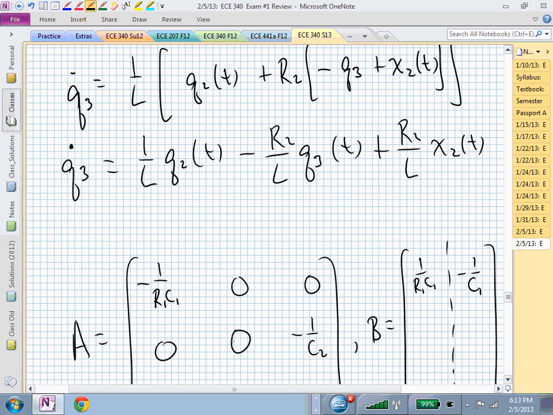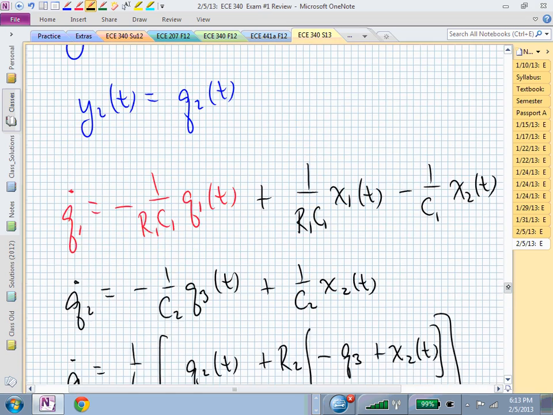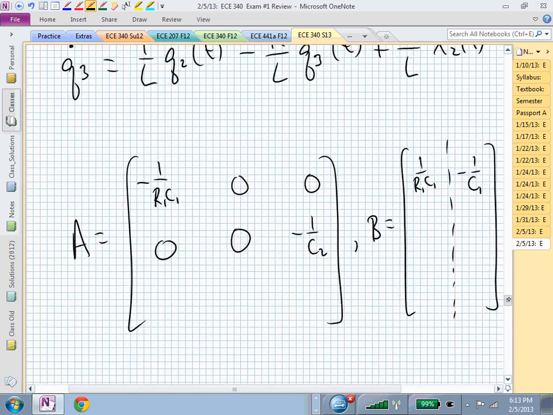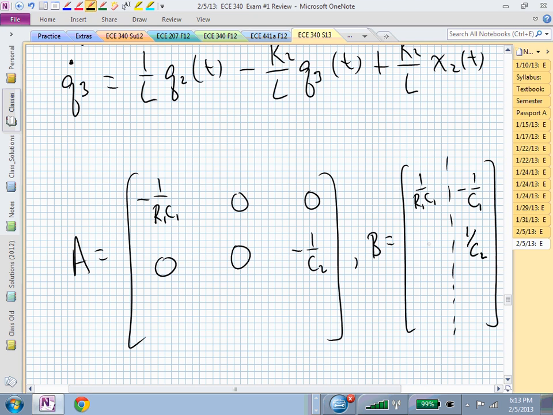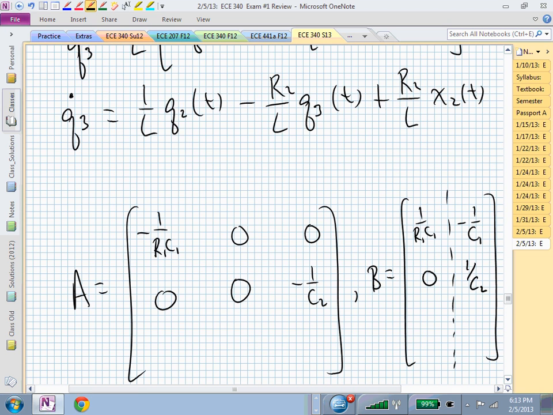That's a 0, and I had something scaling the second input, didn't I? 1 over C2. That's now my second row in both A and B. And my last row, I can write down from this equation, it's 1 over L, and then it's minus R2 over L, and then I have R sub 2 over L and a 0.